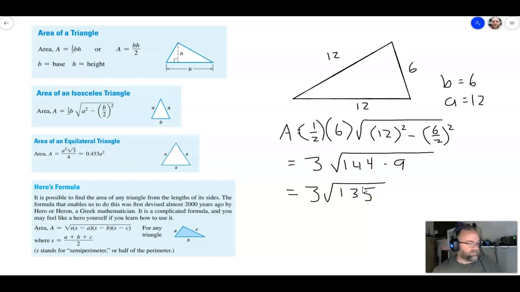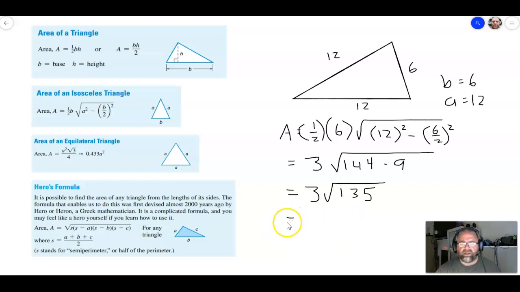And I don't know if we can simplify that square root. You can also make sure that there's no perfect square factors here that we can pull out. But I don't think that there is, but I'm going to double check real quick. It actually appears that there is. So 135 is divisible by 9, and 9 is a perfect square. A perfect square is a number that when you take the square root of it, you get a whole number back. So when you take the square root of 9, you get 3 back.